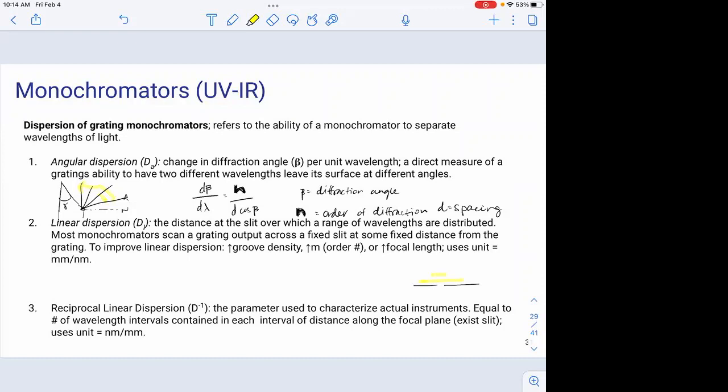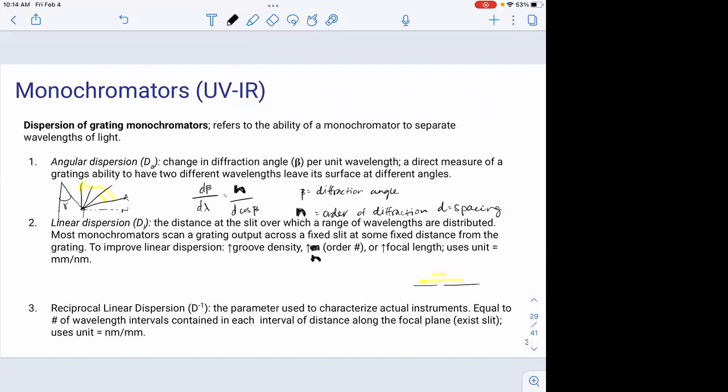And so to improve linear dispersion, you can increase the groove density, increase the order of diffraction, or increase the focal length. It uses the unit of millimeter per nanometer.